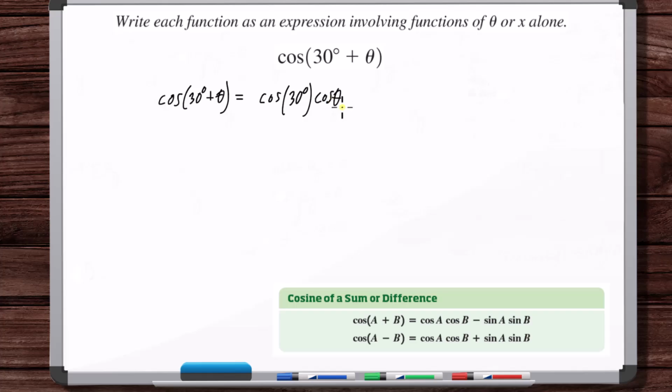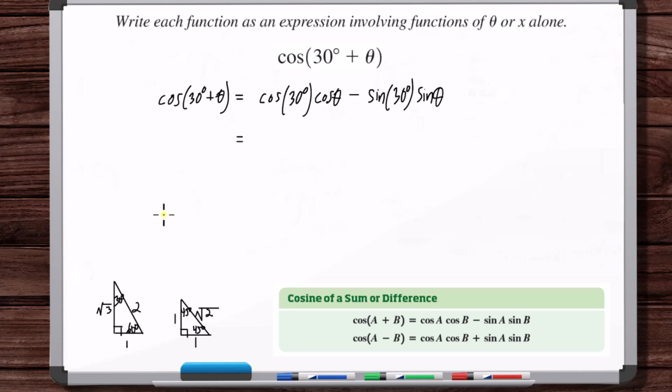cosine 30 cosine theta minus sine 30 sine theta. And then in the previous video, we had drawn the reference triangles, the reference 30, 60, 90, and 45, 45, 90 triangle. So cosine of 30 is root 3 over 2.